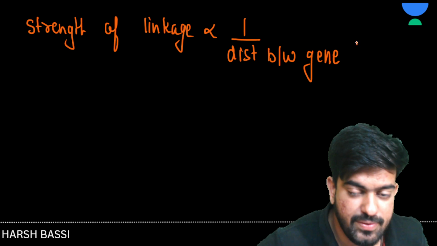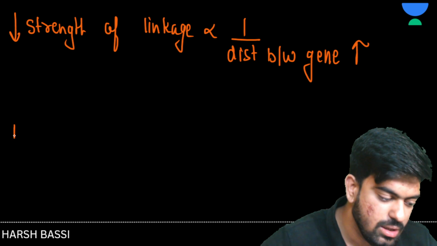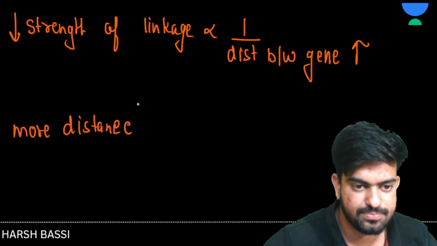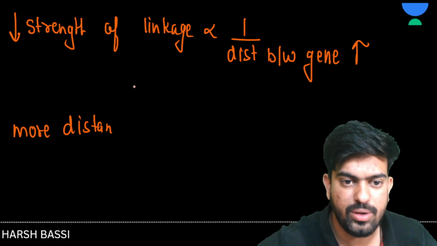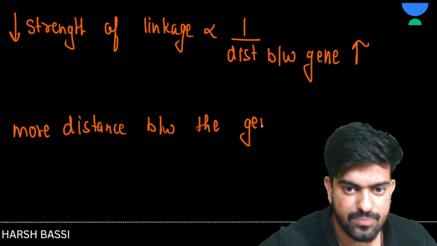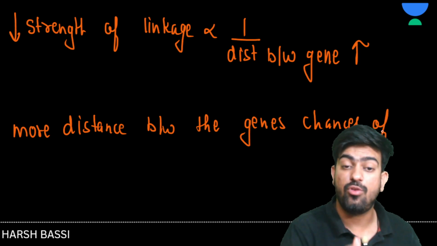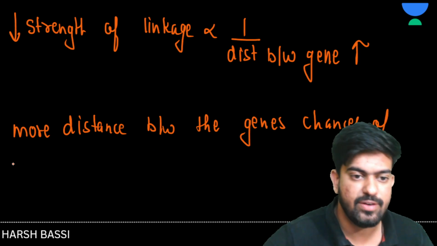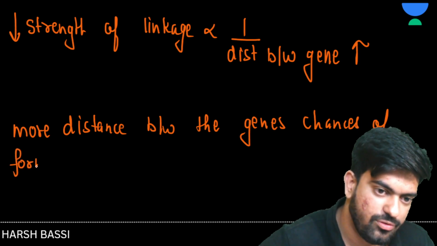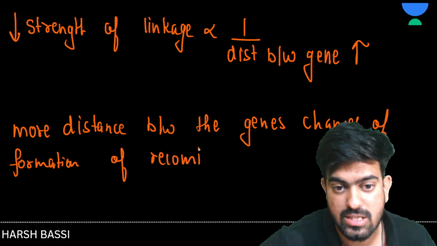If the distance between genes is more, then the strength of linkage will be less. Clear? So if there is more distance between the genes, then the chances of recombination, or formation of recombinants, increase.